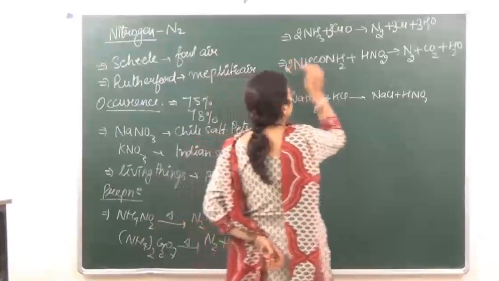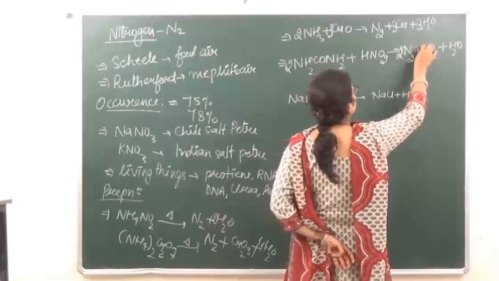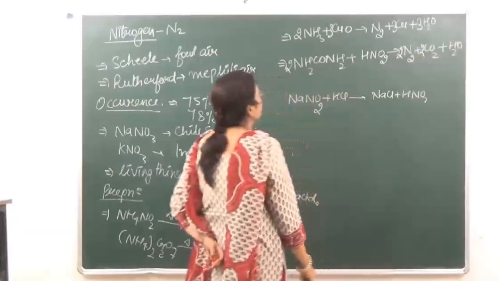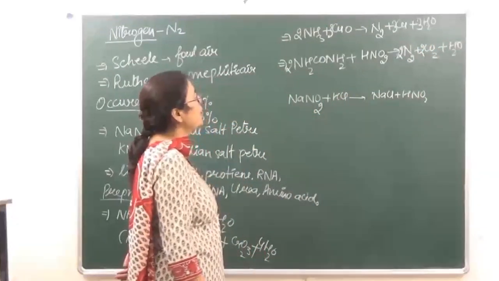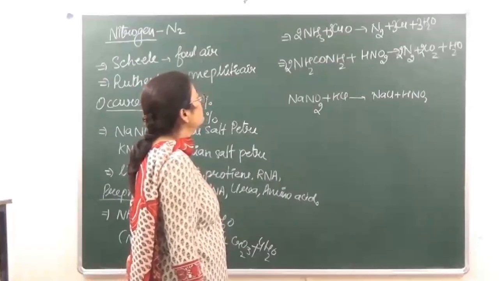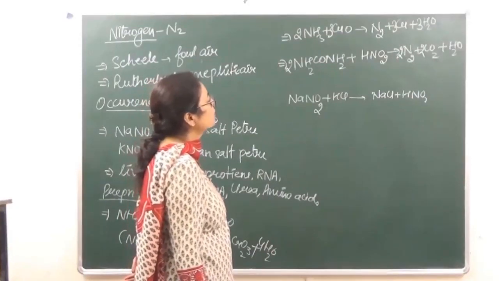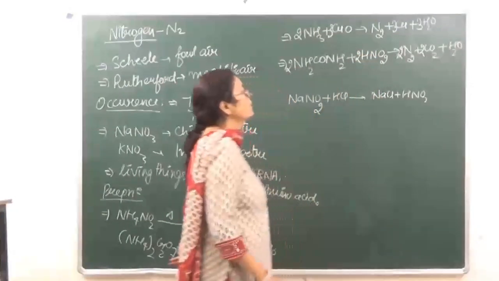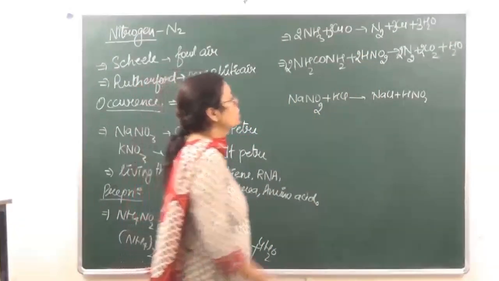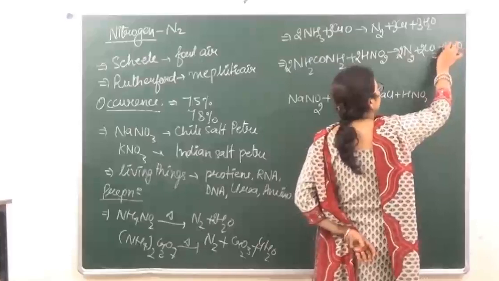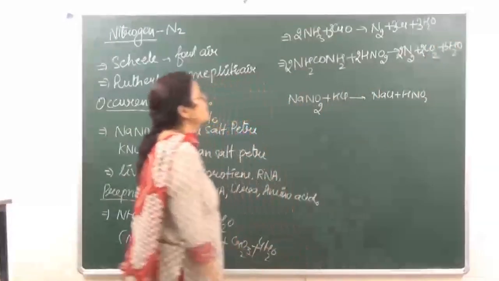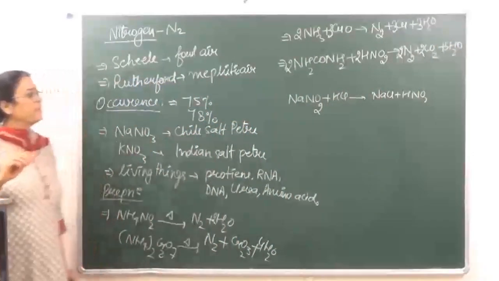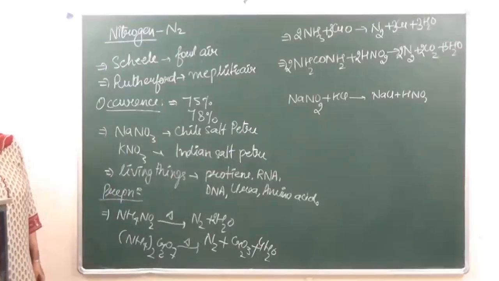We can have 2 over here and 2 over here, and how many water? 4 2s are 8. We can have 2 over here. 5H2. ठीक है?